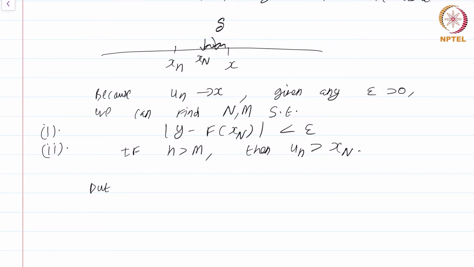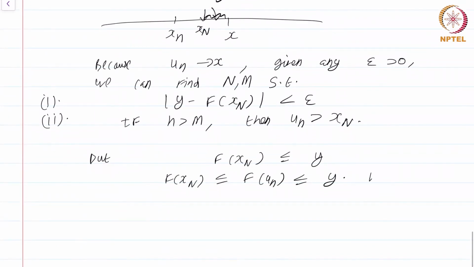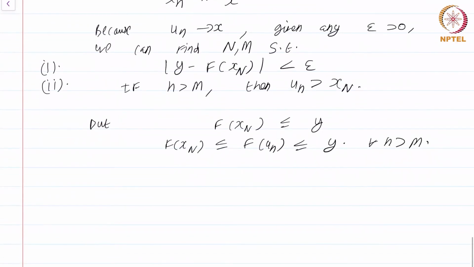We actually have f of xn is less than or equal to y, and in fact we have f of xn is less than or equal to f of un is less than or equal to y, for n greater than capital M. In other words, y minus f of un is also less than epsilon.